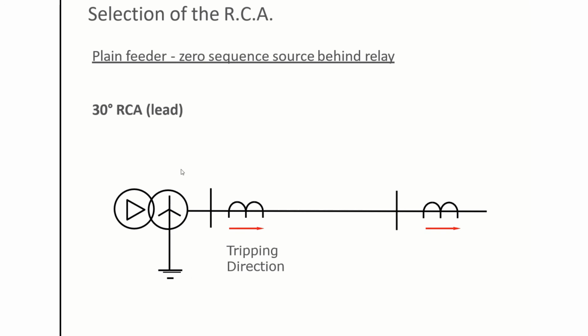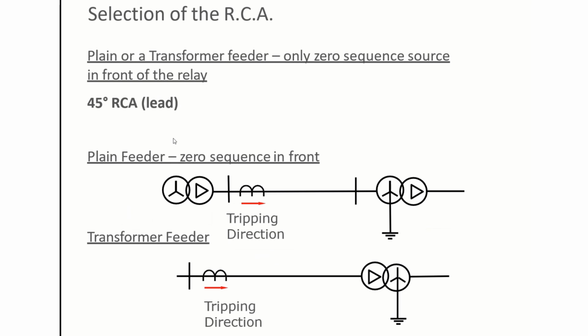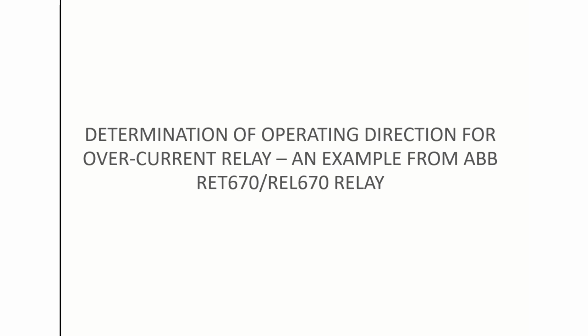That means this zero sequence source is behind this relay. In that case, the general guideline is to select RCA 30-degree leading. If the source of zero sequence is in front of the relay, then it should be 45 degree. For transformer feeder also it should be 45 degree.